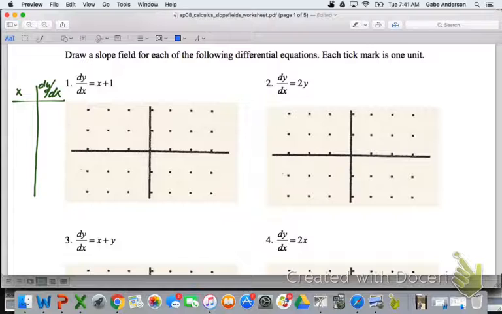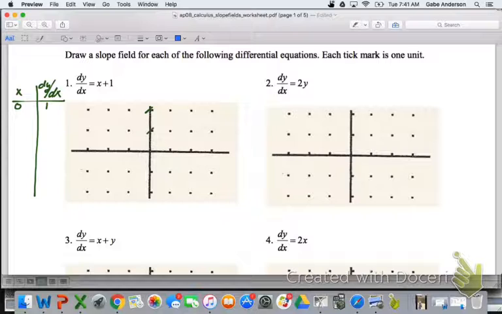So I'm going to plug in a 0 first. When I plug in a 0, dy dx equals 0 plus 1, so that's 1. Let's go ahead and graph that. That's saying that whenever x is 0, the slope is 1. So whenever x is 0, we're talking about the y-axis. And so all along the y-axis, I'm going to have a slope of 1. It's going to look something like this.